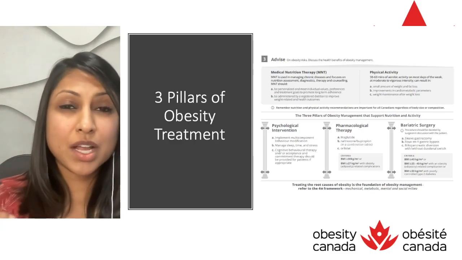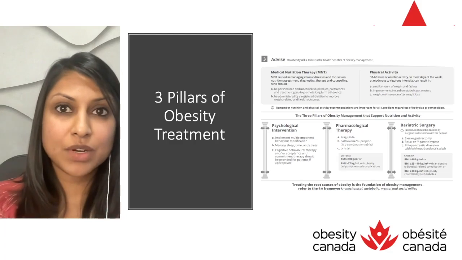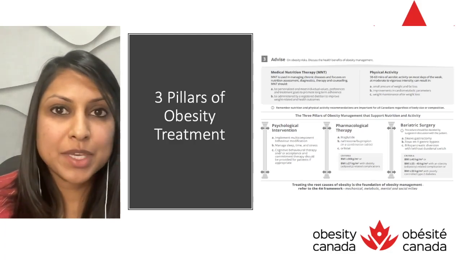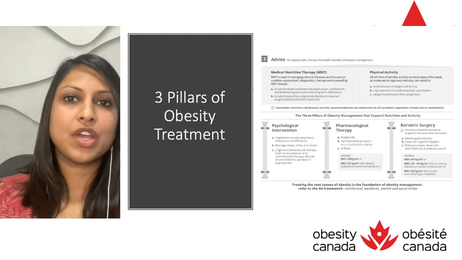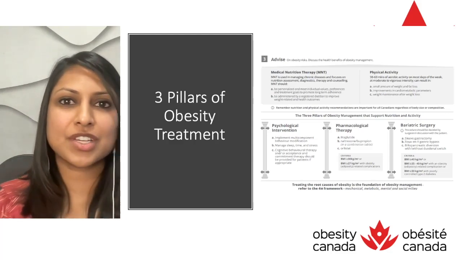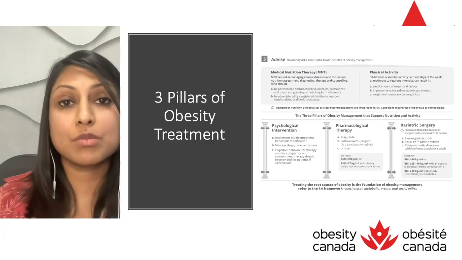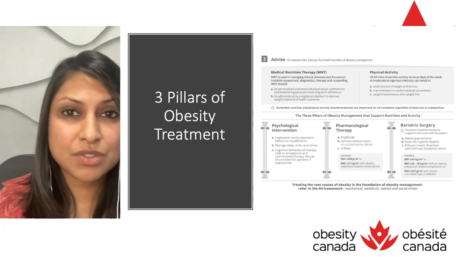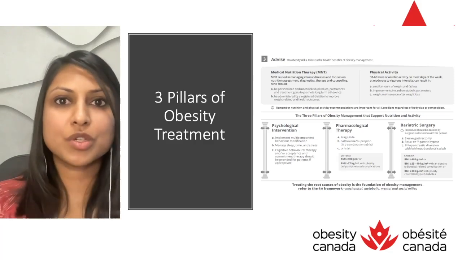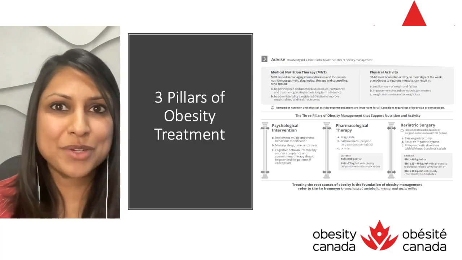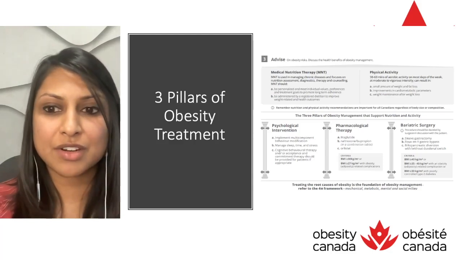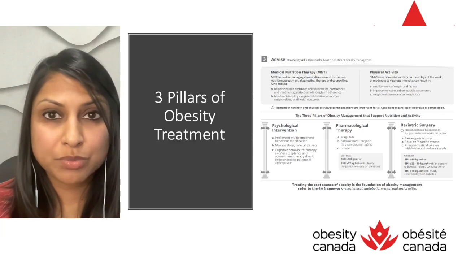Then the next rung up was medications, and then the last rung up was bariatric surgery. What this led people to think is that you have to fail diet and exercise or have it not work. Then you can move to medications. Then you can move to bariatric surgery as a last resort. We've really moved away from that concept because, one, we know that people need different tools and many tools altogether, but it's not a stepwise approach.